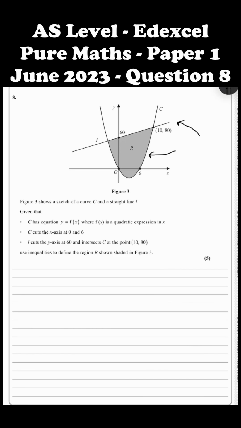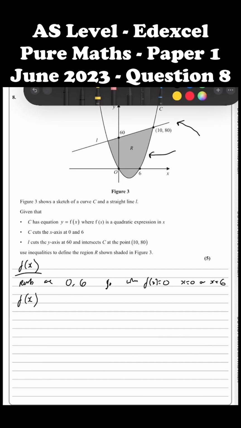So let's start by working out f of x. So we know it's a quadratic expression. We know that the roots are 0 and 6. So when f of x equals 0, x equals 0, or x equals 6.